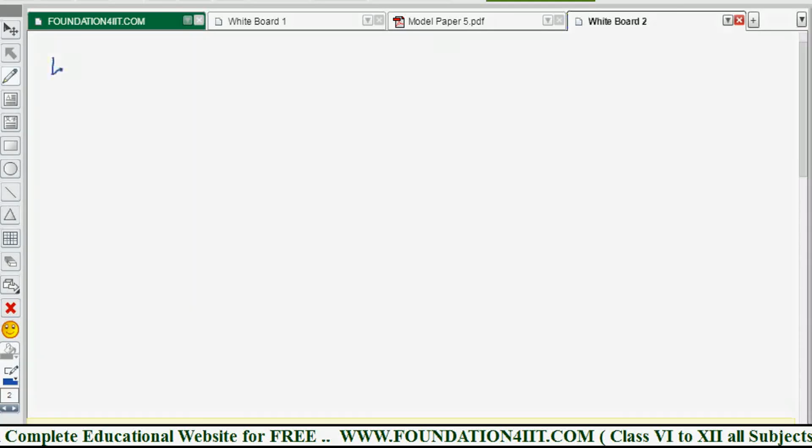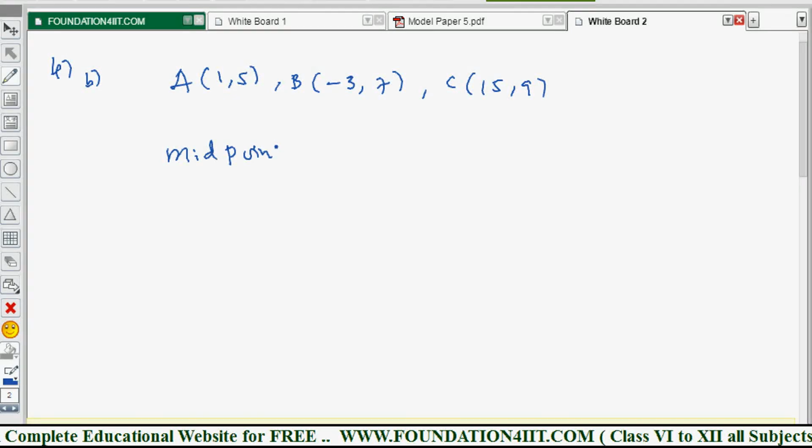First we find the midpoint of AC. The given data: A coordinate point is 1, 5, B is minus 3, 7 and C is 15, 9. To take the midpoint of AC, the midpoint formula applies: x1 plus x2 by 2, y1 plus y2 divided by 2, where A is x1, y1 and C is x2, y2.